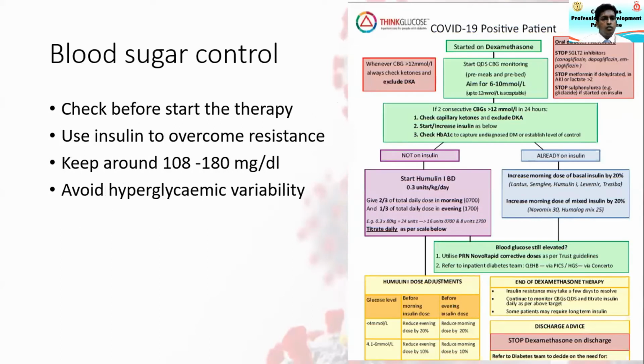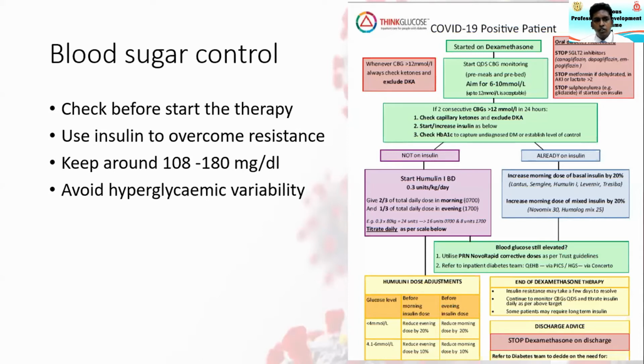When you start dexamethasone, when you try steroid, you have to monitor the blood sugars very carefully, especially in diabetes. We have diagnosed a lot of previously undiagnosed diabetes when monitoring these patients. So before starting dexamethasone, you have to check the sugars.